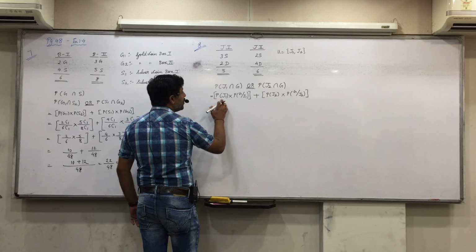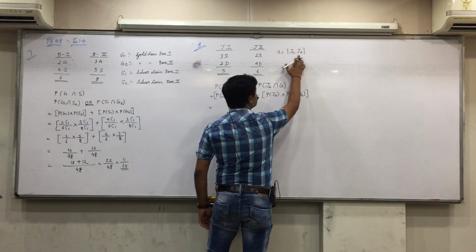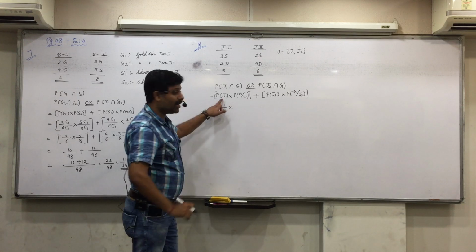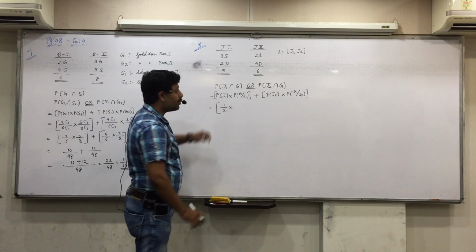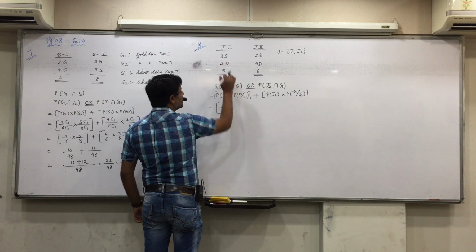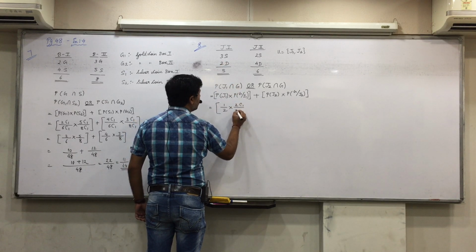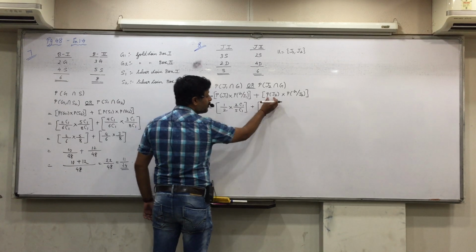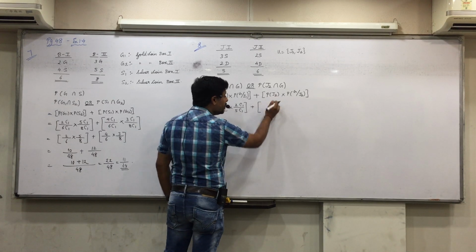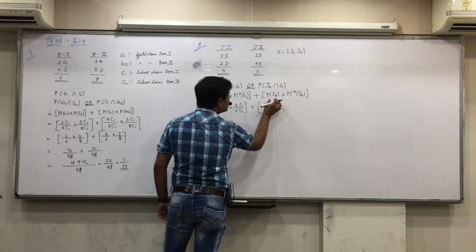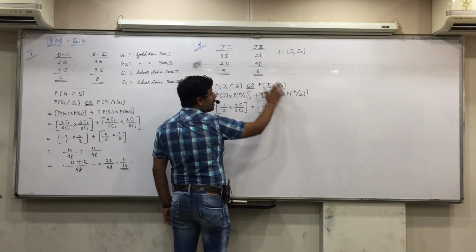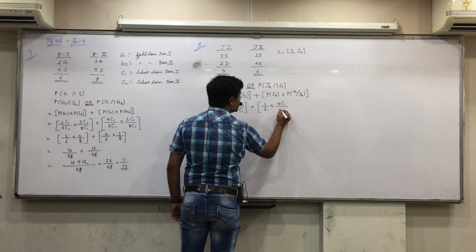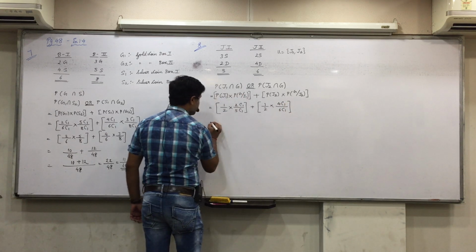Now, what is the probability of selection of any of the joint families? 1 by 2. And within joint family 1, what is the probability of selecting a girl, a daughter? 2C1 upon 5C1. Same way, what is the probability of selecting the second joint family, 1 by 2, and within the second joint family, the probability of selecting a girl child? 4C1 upon 6C1.